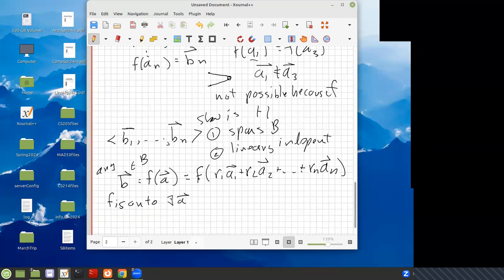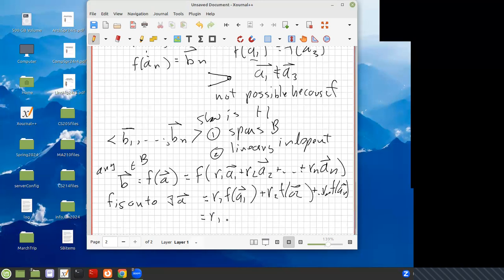Because F is onto, we know that there has to be an A. Because F is linear, we can write this as R1 F of A1 plus R2 F of A2 plus dot dot dot Rn F of An. Well, we've chosen the B's to be these.